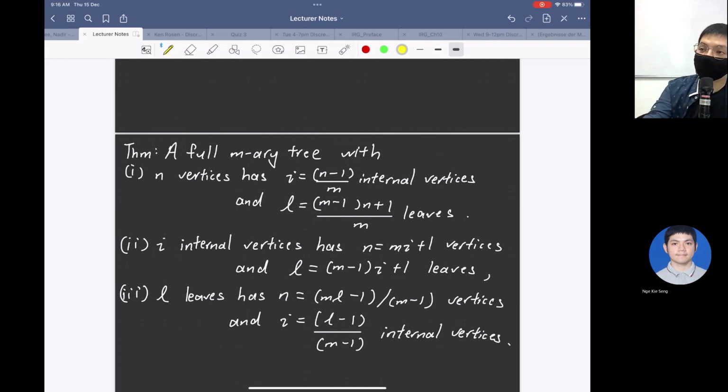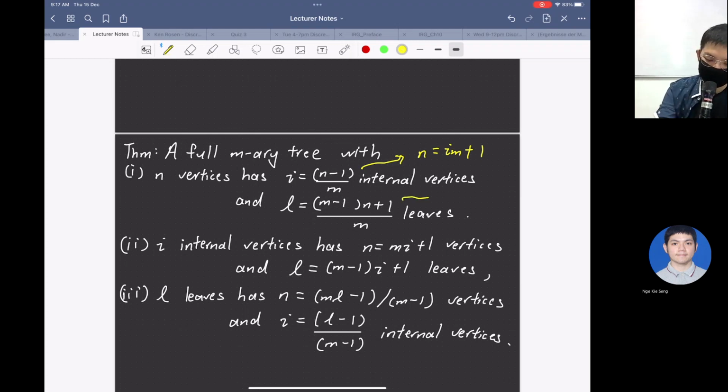We only need to know how many children every internal vertex has and the total number of vertices, then we can figure out the number of internal vertices and leaves. At first it might look a bit daunting, but if you move it around, it's just the formula we got just now.